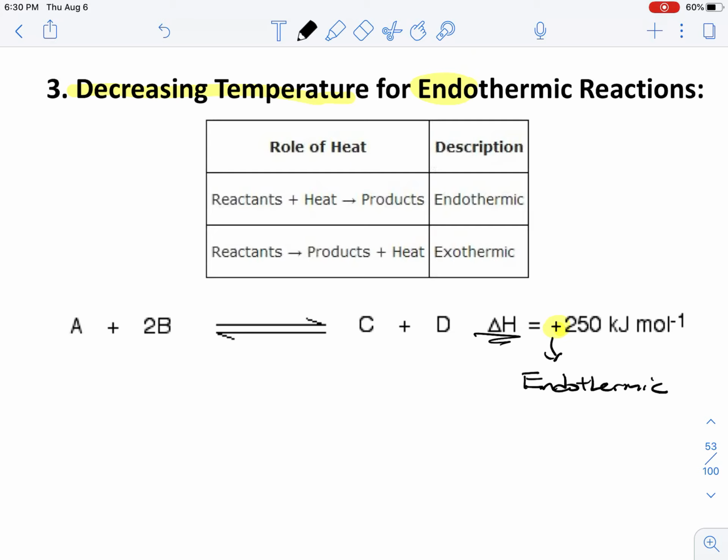So we're going to rewrite this balanced chemical equation to include heat as a reactant. We're treating it as one of the reactants.